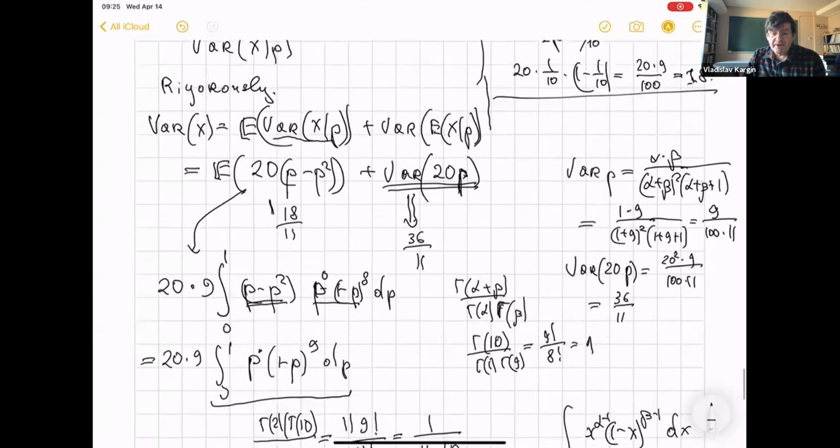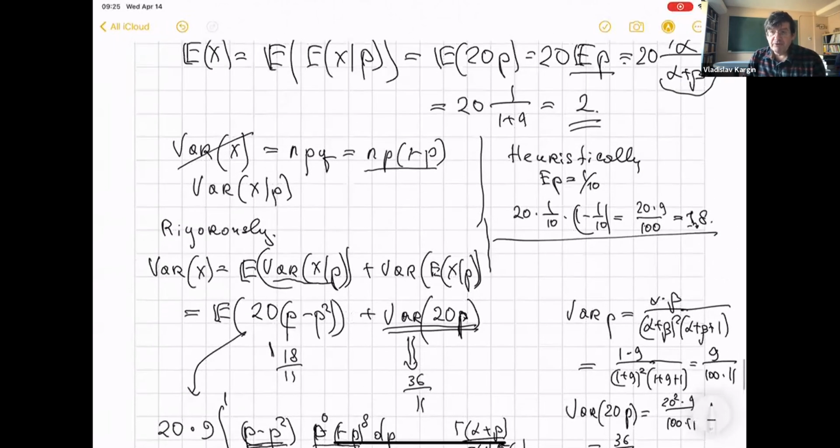And so the heuristic calculation that we did gave 1.2, it's equal to 2. So the rigorous calculation gives you a much, much larger variance than the heuristic calculation.